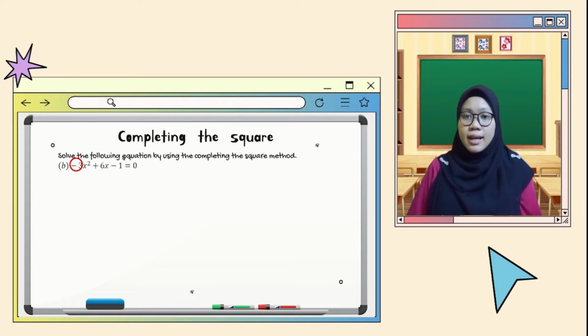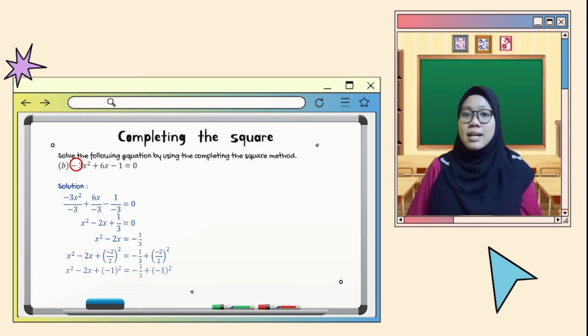Only after that can we follow the steps just like in equation A: first move the constant to the right side of the equation, then add the term (b over 2) squared to both sides, and in this case b will be negative 2. Next, solve the right side and simplify the left side. Then lastly, solve for x. And there we have it. x will be these values.